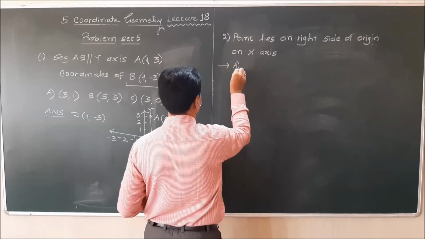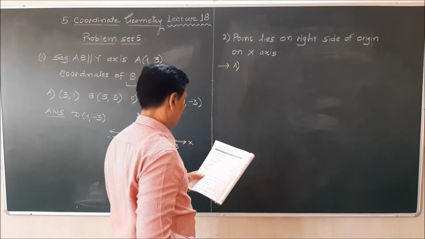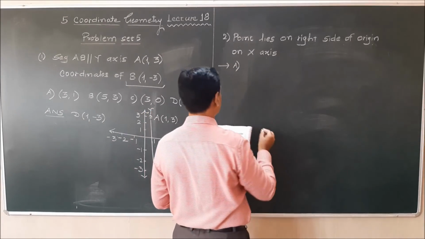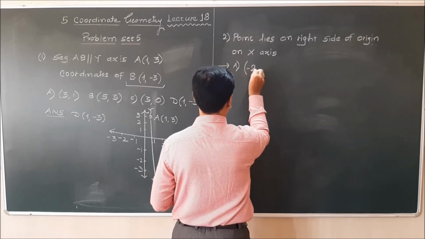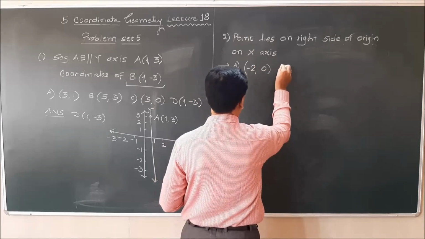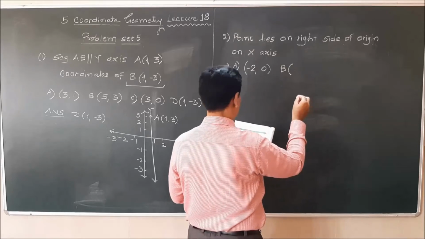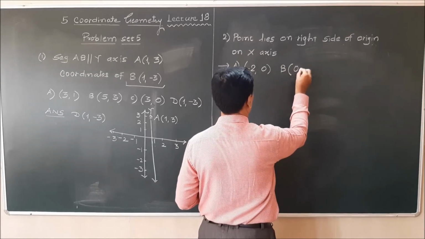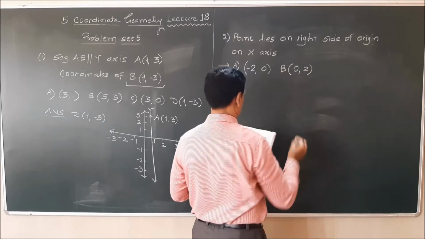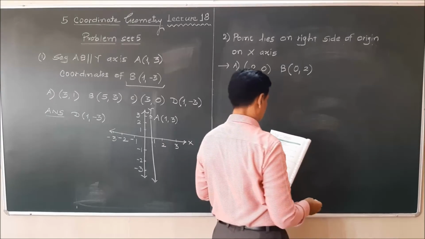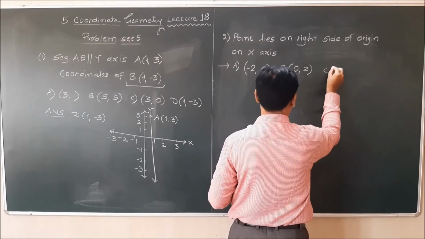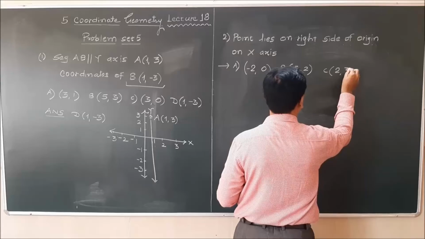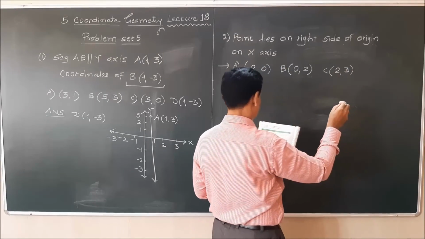Options are: A (-2, 0), B (0, 2), next to that C (2, 3), and D (2, 0).